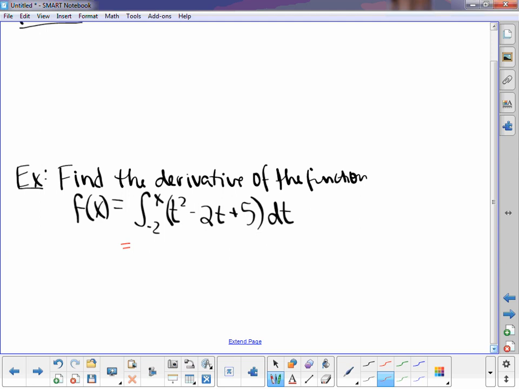So my antiderivative would be t cubed over 3 minus 2t squared over 2 plus 5t. Do we agree that's our antiderivative? Okay. And this is getting evaluated from negative 2 to x.